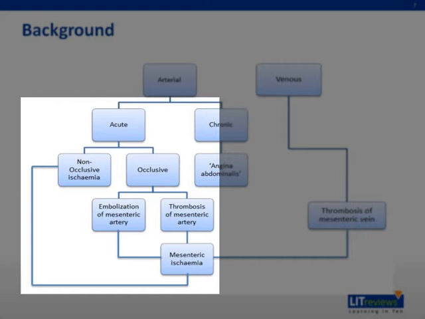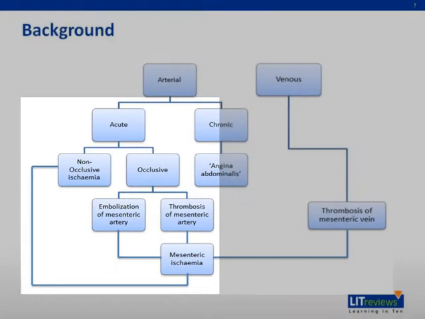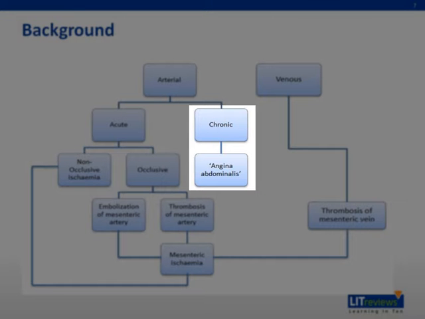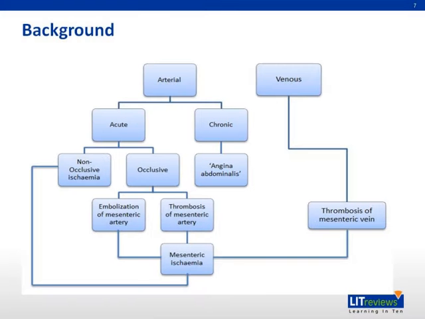Non-occlusive arterial hypoperfusion is commonly due to primary splanchnic vasoconstriction. Chronic mesenteric ischemia, also known as intestinal angina, refers to episodic or constant intestinal hypoperfusion, which usually develops in patients with mesenteric atherosclerotic disease. For the purpose of this lecture, we will only talk about acute mesenteric ischemia.